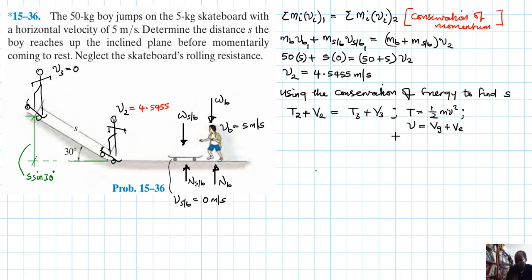So we have gravitational potential energy and elastic potential energy. Vg is equal to Wh, and Ve is equal to half k s squared, where k is the spring constant.